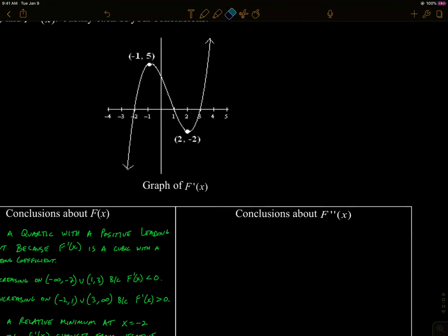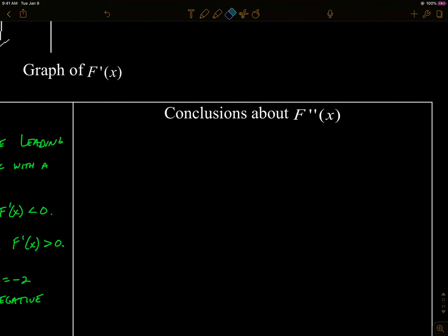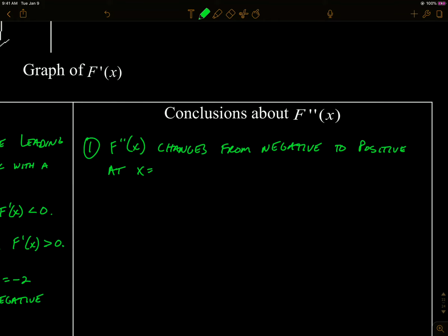What do we know about the second derivative based on f prime? We have the graph of f prime. What does that tell us about f double prime? We know the second derivative changes from negative to positive at x equals 2 because the derivative has a relative minimum.